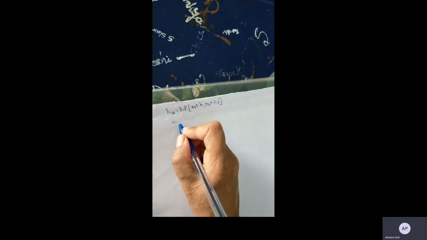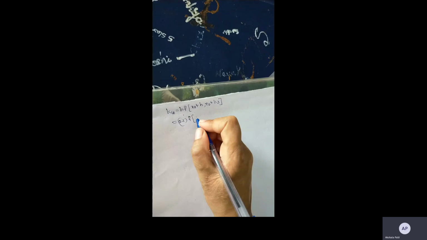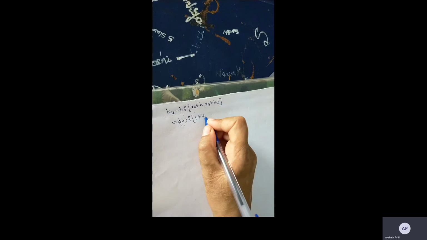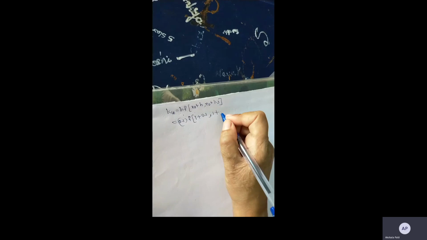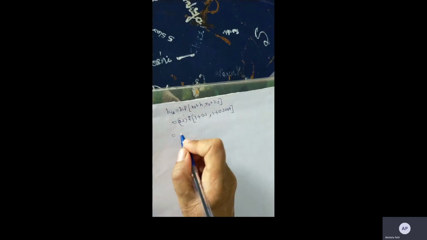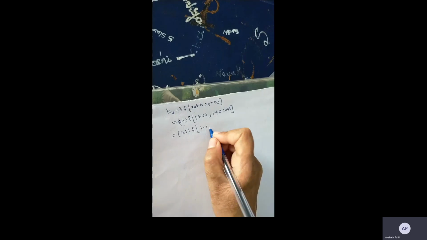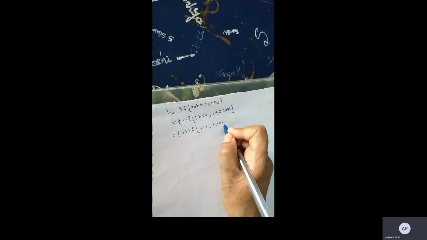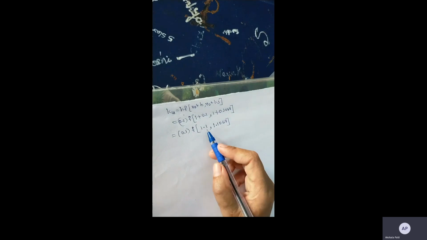So h value is 0.1, the function of x0 value is 1 plus h is 0.1 comma y0 is 1 plus k3 value is 0.1068. Now you will get 0.1 into the function of 1.1 comma 1.1068.